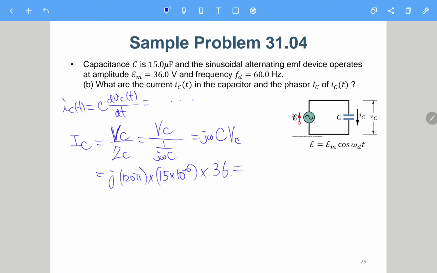This number is j 0.203, something like this. So this is actually the phasor.